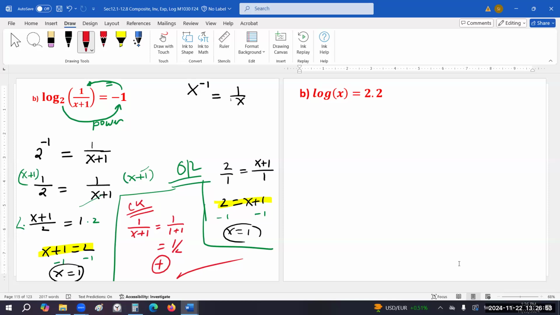You need calculator? And this is actually only a one step solution.